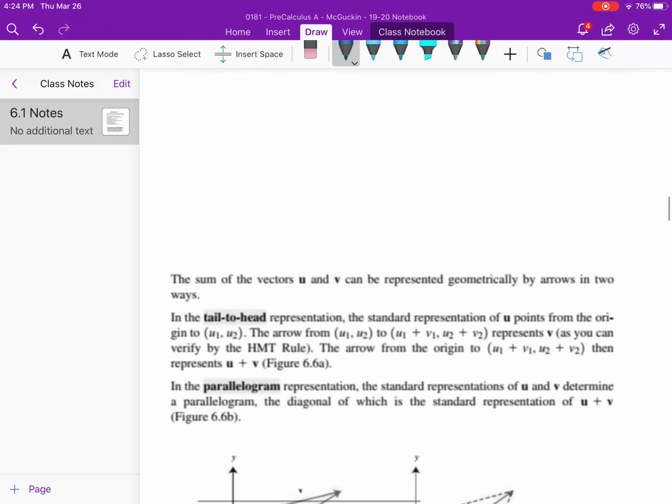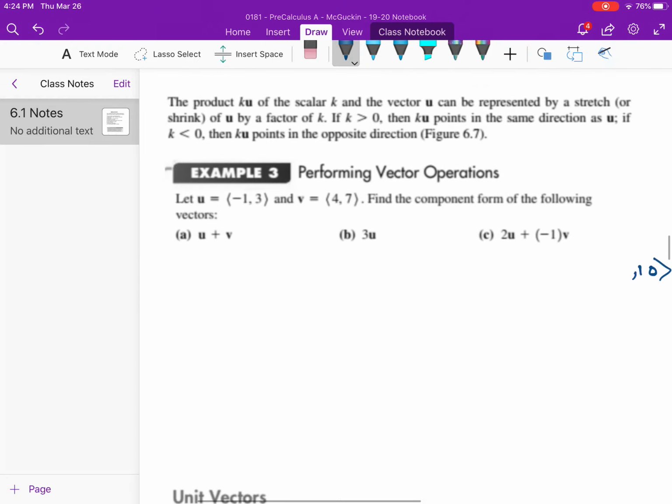I'm going to scroll on down, and let's look at example 3 for a real basic vector operation example in part A. For part A, I want to add vectors u plus v together. In order to do so, I'm going to take their 2 components and represent them as they are, because this is what the vectors are.